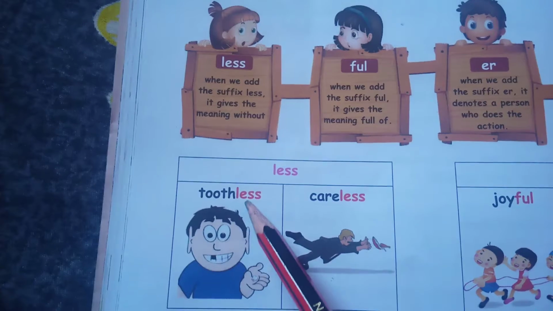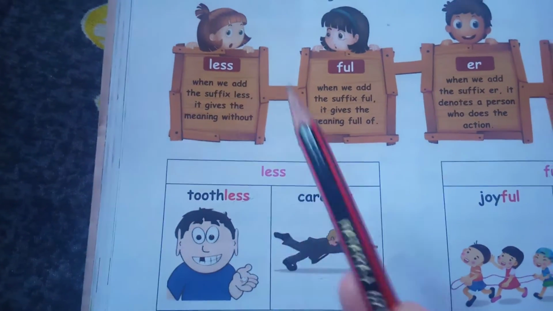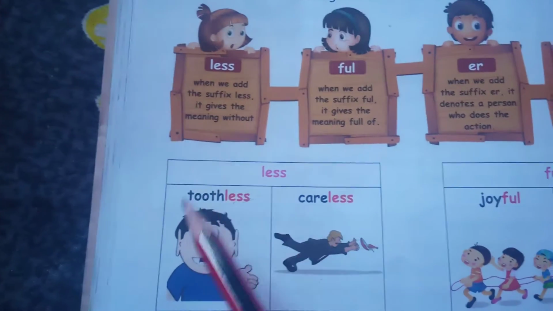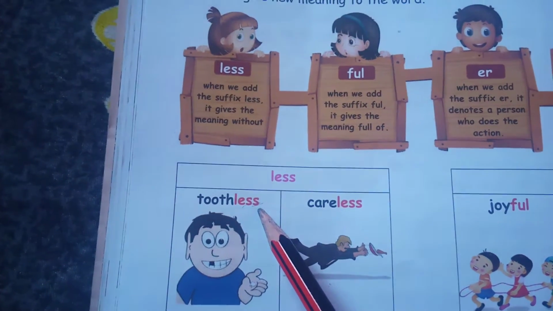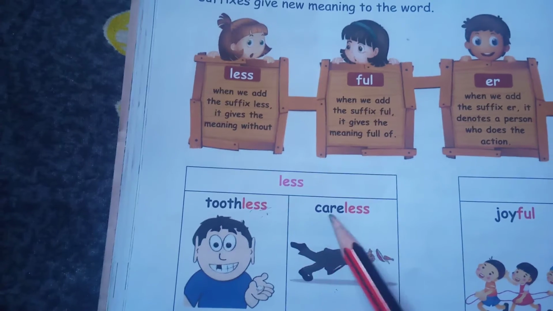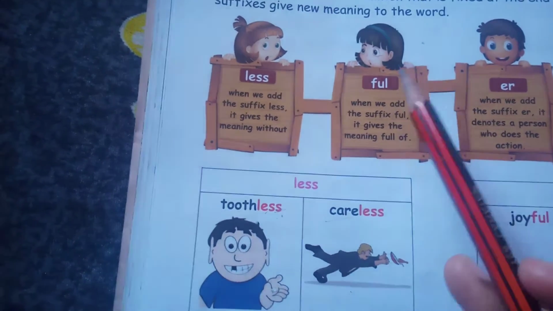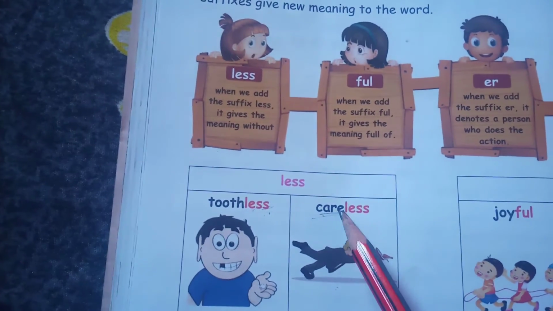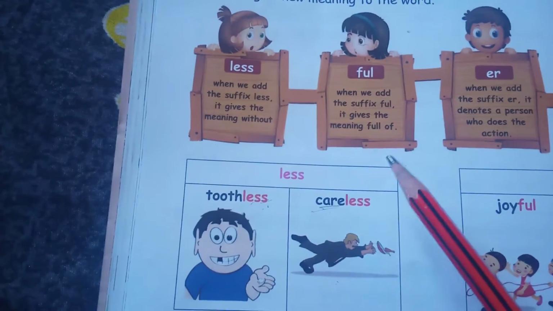When you add the word less, it gives a meaning without. Toothless boy. Here the next word is care. Care means taking care of others.